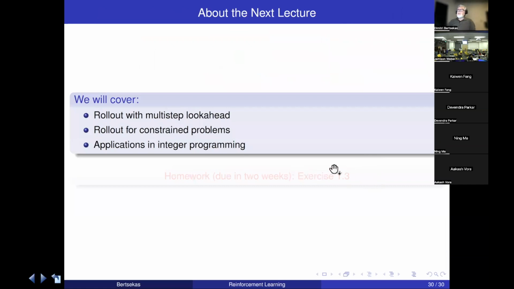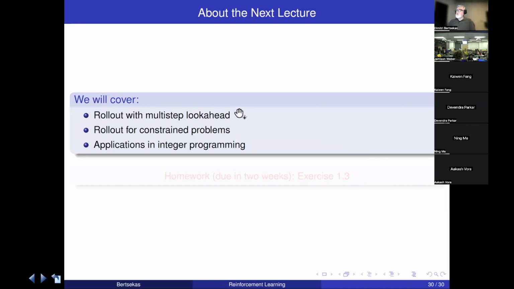Okay, about the next lecture. We're going to still stay with Rollout and look at Rollout problems with multi-step look ahead. Everything we did today was single step look ahead, but in fact, multi-step look ahead in the context of Rollout is interesting because it is feasible.